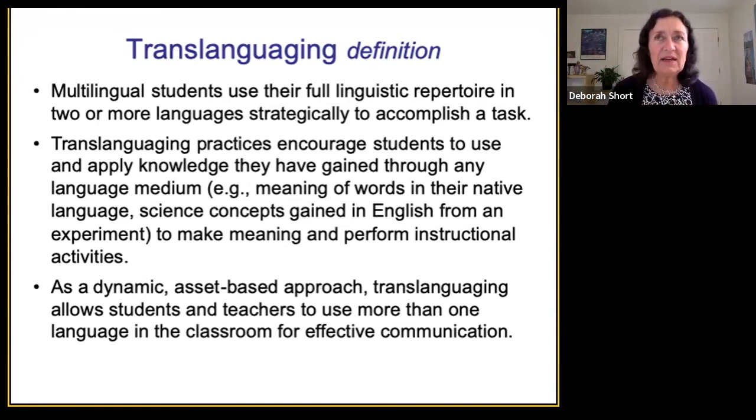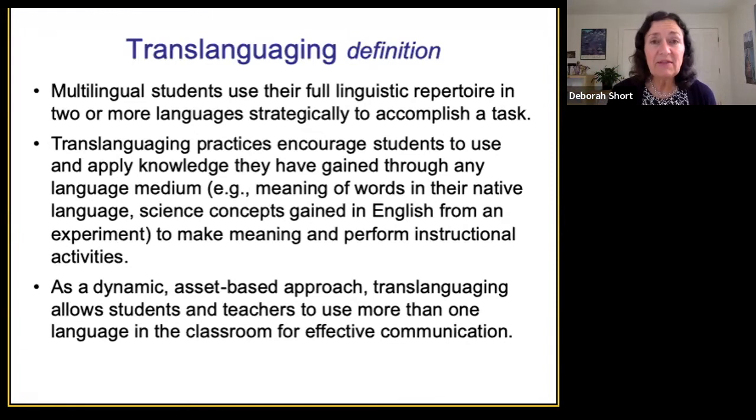And with this kind of translanguaging practice in the classroom, students then can apply knowledge that they've gained through any medium of language. So they may have learned something reading storybooks in Spanish at home, for example, that they can tap in the classroom.